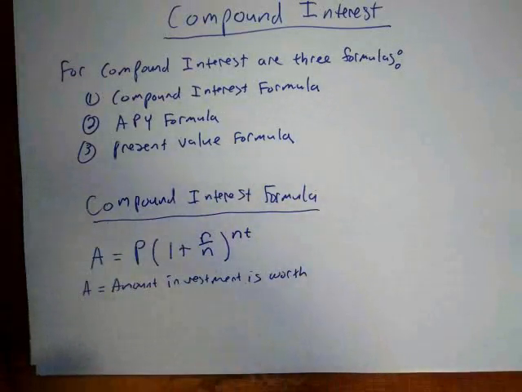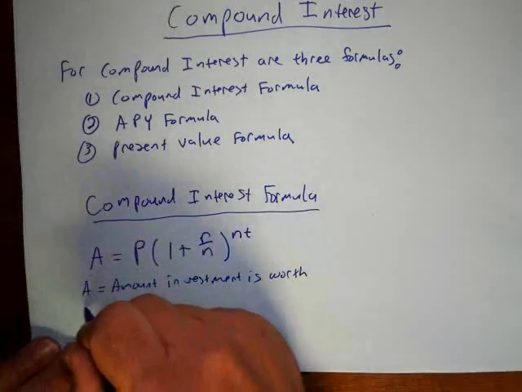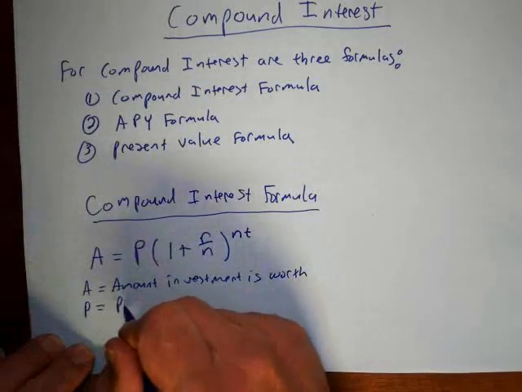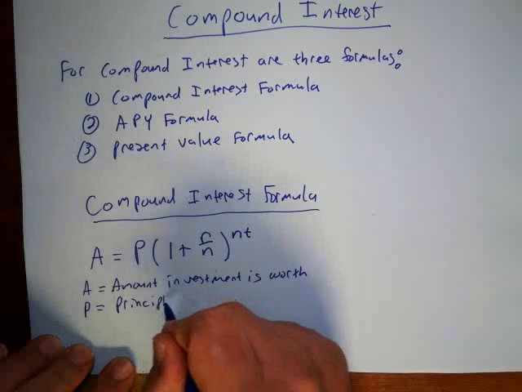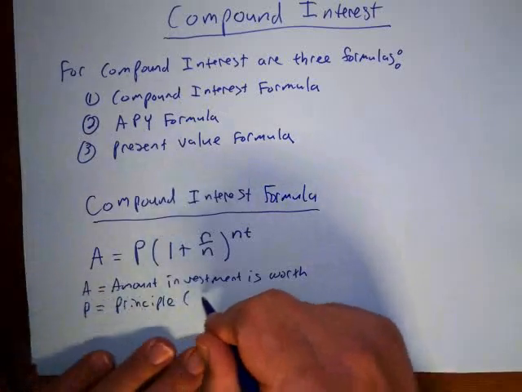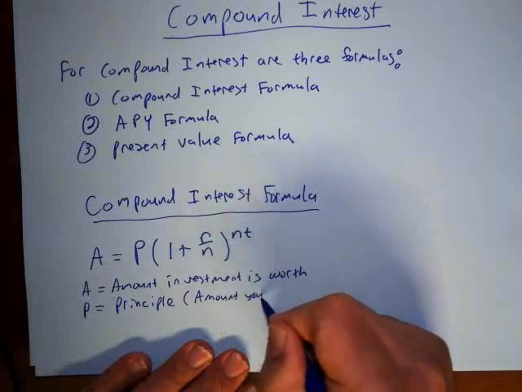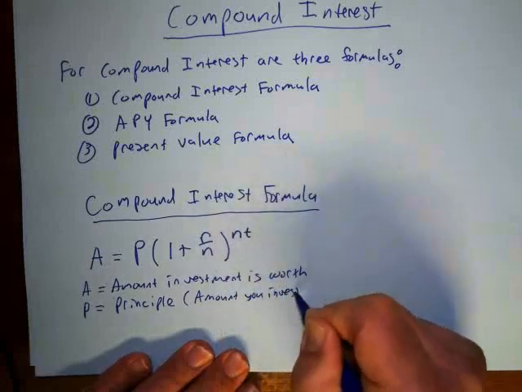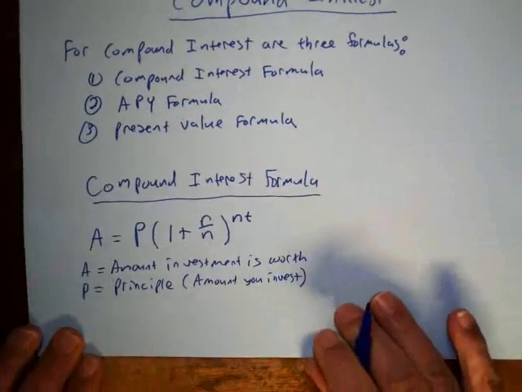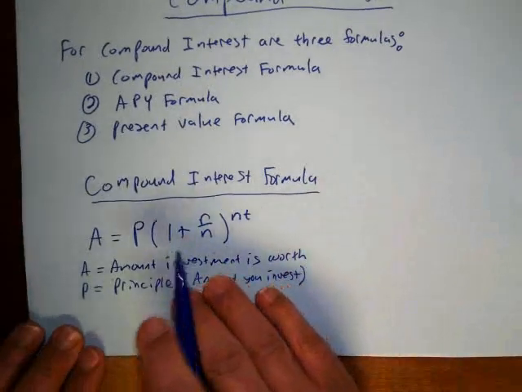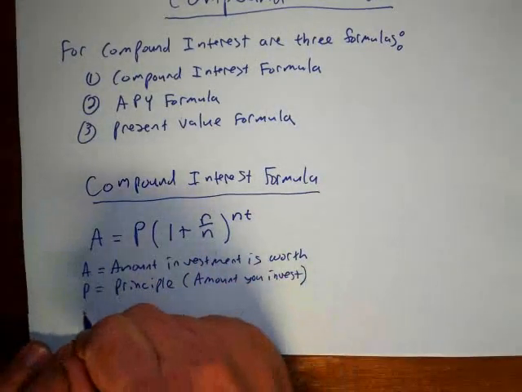The formula is going to give you the amount the investment is worth. P is your principal, and basically that's the amount that you invest at the beginning. Now this 1 will always be 1. That's just part of the formula.